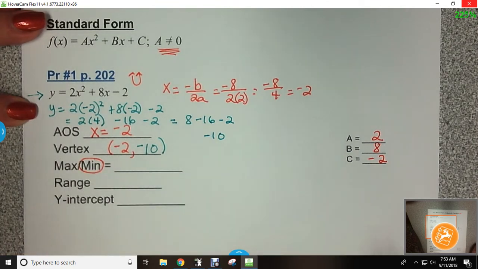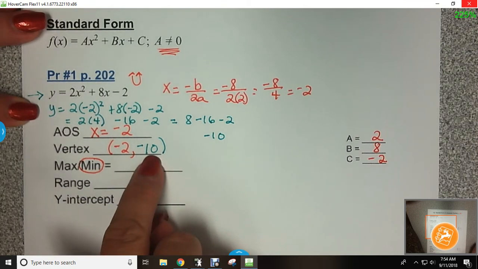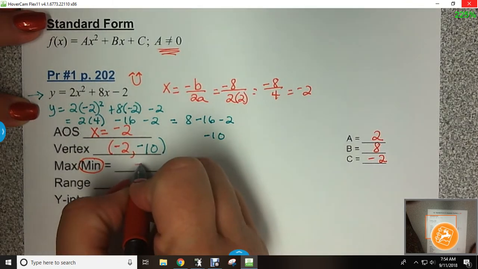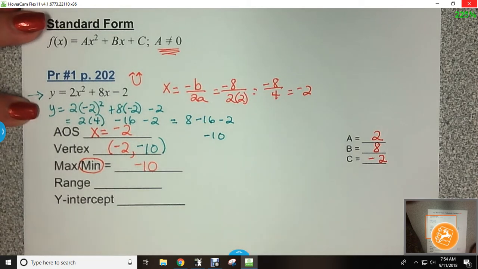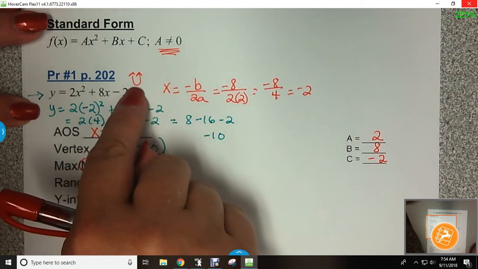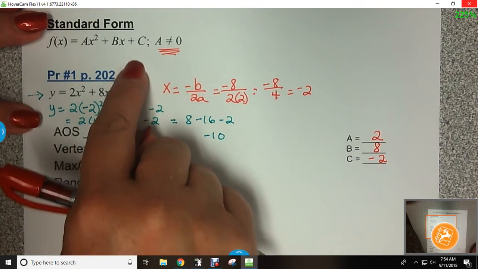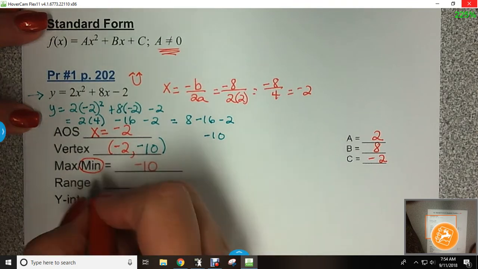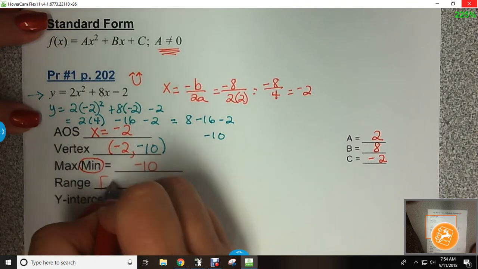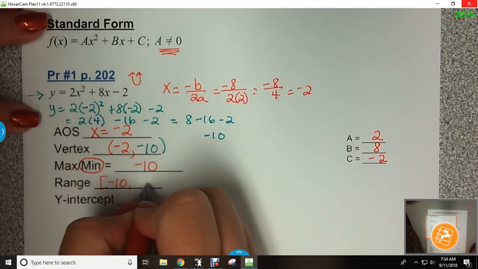And now remember, your maximum or your minimum value comes from the y part of the vertex. So my minimum is negative 10. The range, because it opens up, is going to go from negative 10 and go upwards forever. So the range is from negative 10 to positive infinity.